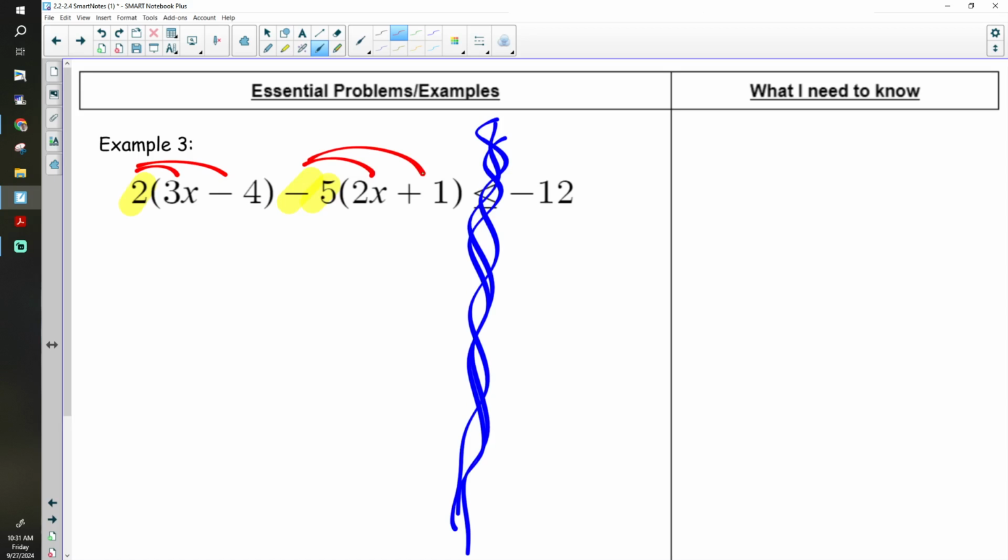Are there like terms on the left side or are there like terms on the right side? Read me off what we have on the left side after distributing.